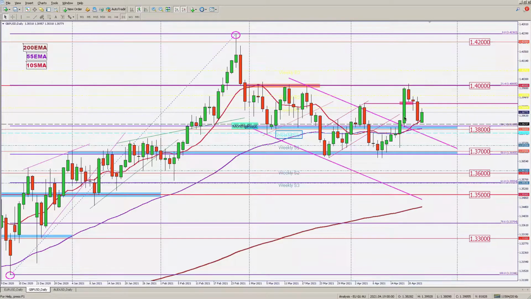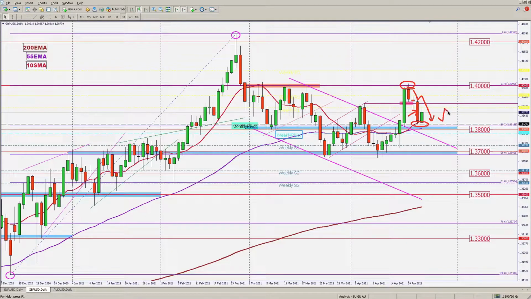But after a strong move on Monday and hitting the 140 round figure resistance, it has retraced lower, and in fact on Thursday it fell first before the euro, just before the press conference. Cable already started falling lower, the sterling pairs, but it's still finding support from the monthly pivot and this support zone here.